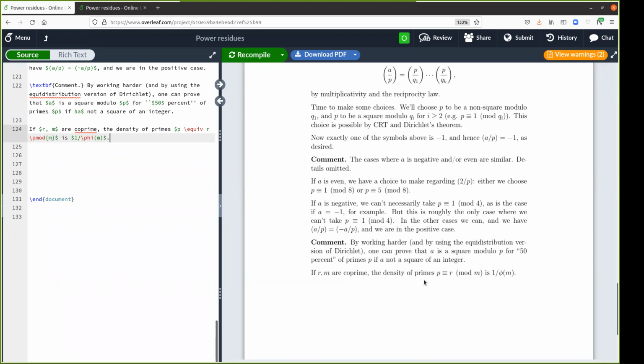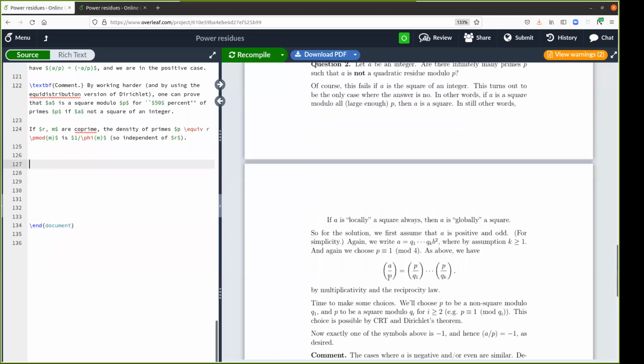So they are not biased to any given residue modulo m. But I will not be covering this in detail. You can take that as an exercise if you want.